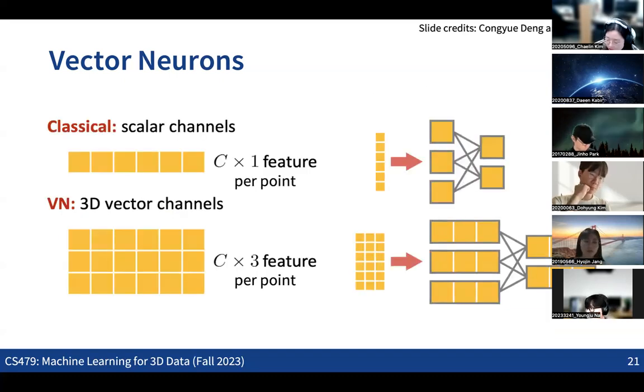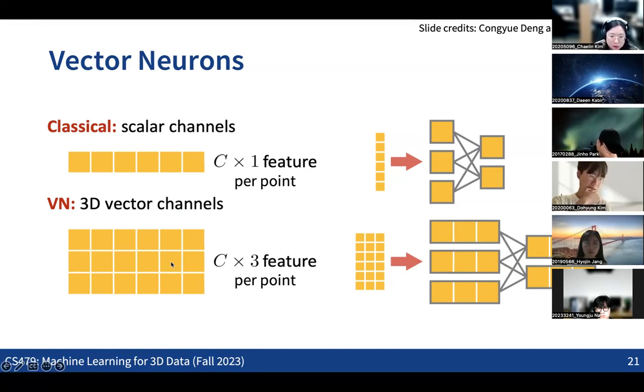So in classical PointNet, for each point we have a C times 1 feature, which is C scalar values. Then each layer of PointNet transforms this into another list of scalar values, C prime of them. Now we have a setup with C three-dimensional vectors, and each layer of the neural net transforms this into C prime three-dimensional vectors.